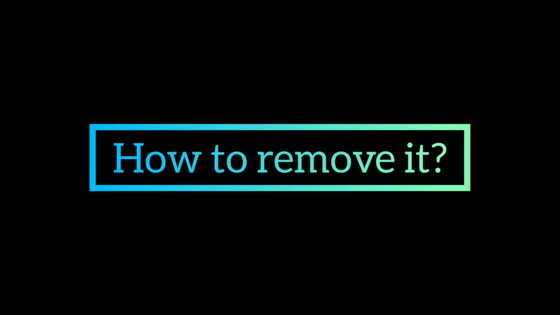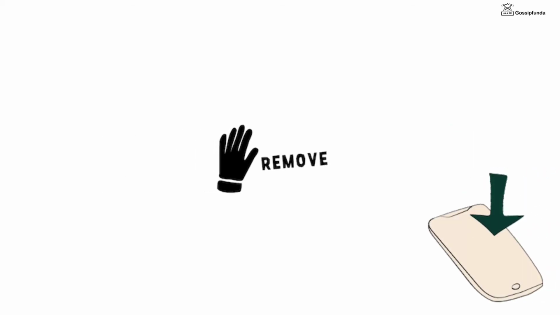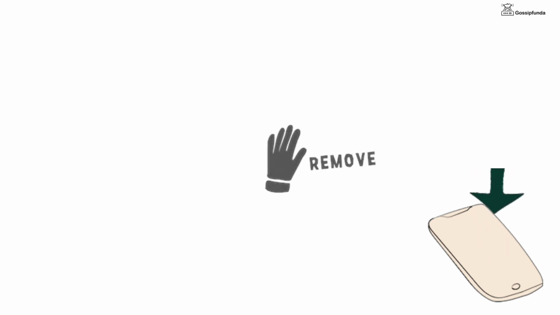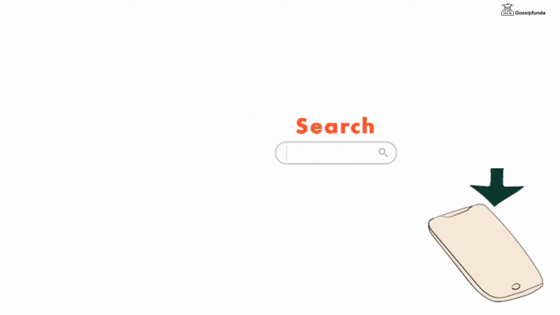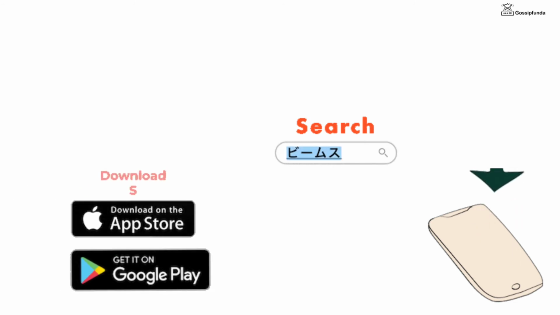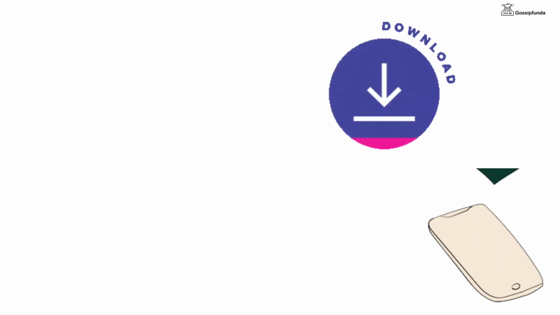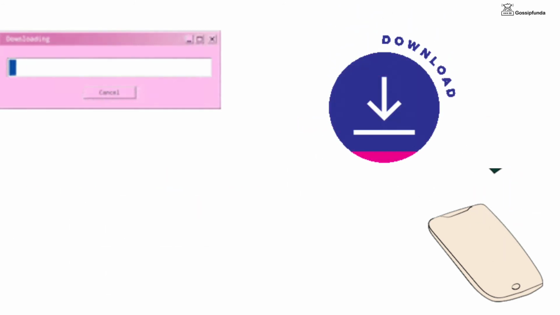So let's see how to remove com.sec.android.app.popupcalculator. It is very easy to remove this APK from your device. To get any APK on your device, you first search it on any app store like Google Play Store and then download it. After it gets completely downloaded, it has to be installed.